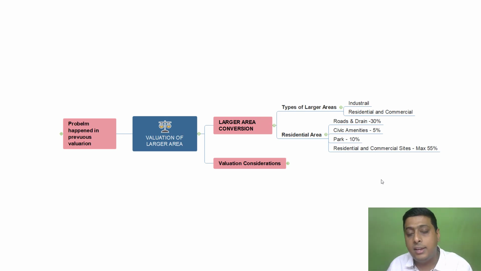So when we are taking it for the valuation, only this 55% area we have to consider, not the remaining portions, because roads and drains, civic amenities and the park will have certain value, but not a value which we can take into consideration when we are doing the valuation, because we cannot sell the roads and drains, we cannot sell the civic amenity areas, or we cannot sell the park.